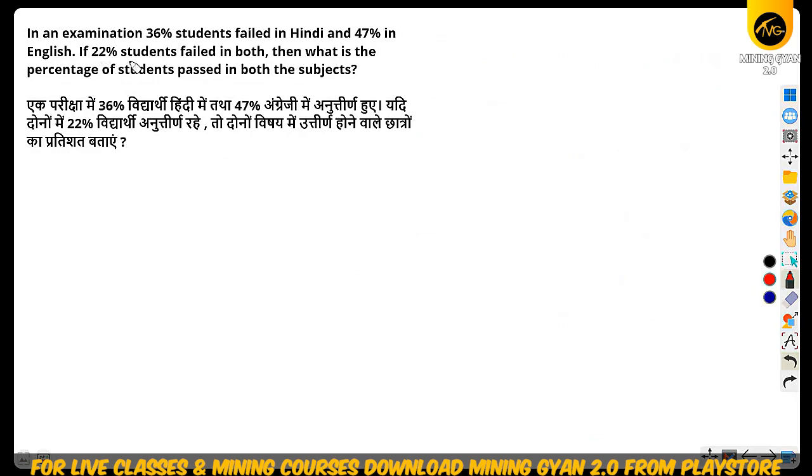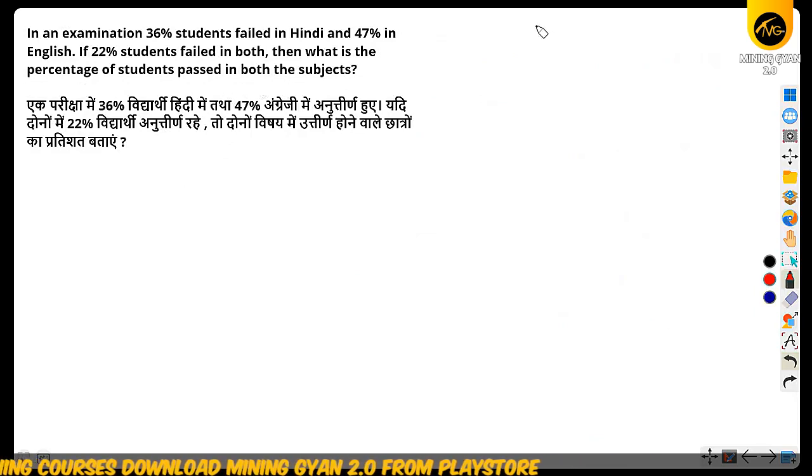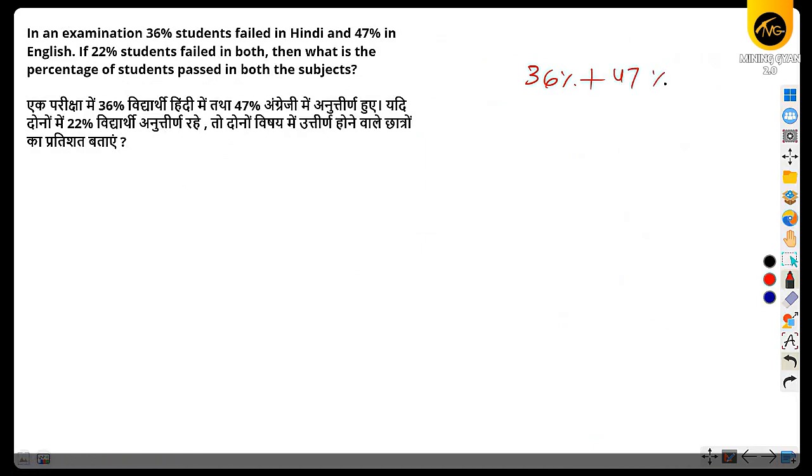Okay, if 20% students failed in both, then what is the percentage of students who passed in both subjects? Similar kind of question. Basically this is the 36% failed students in Hindi, next is the 47% in English, and minus 22% which failed in both the subjects.